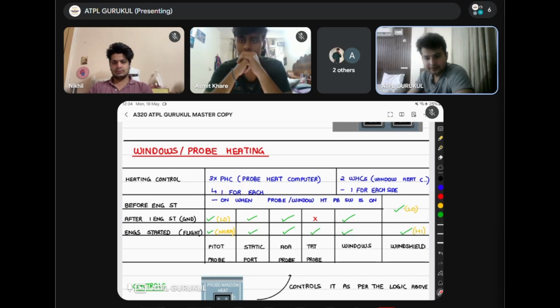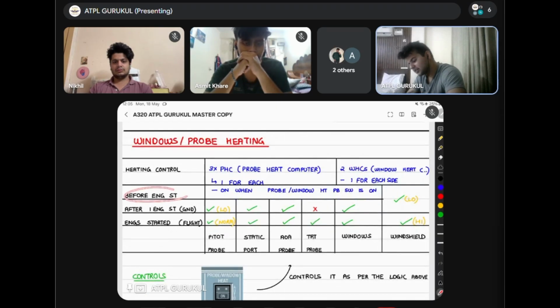Very simple. Now, there are different phases of flight. In these different phases of flight, different probes are heated at different times. Before starting engines, after starting one engine on the ground, an engine started or it is in flight.